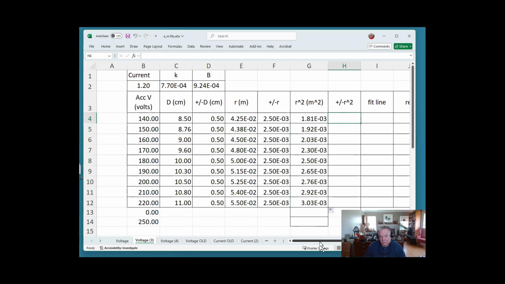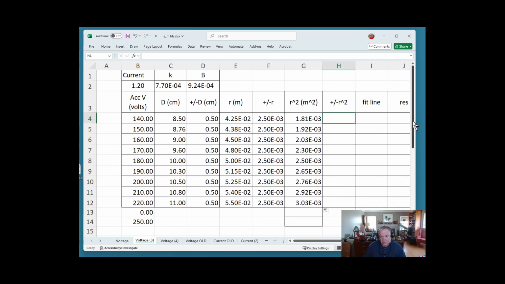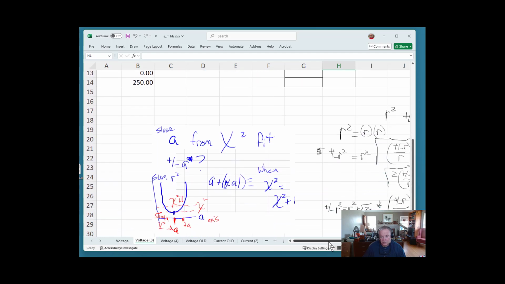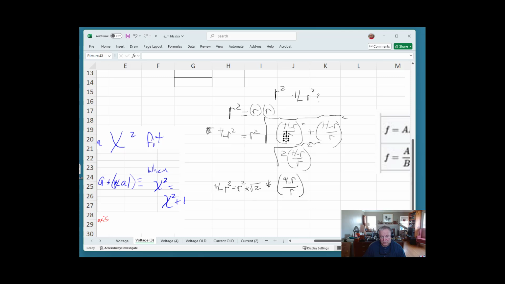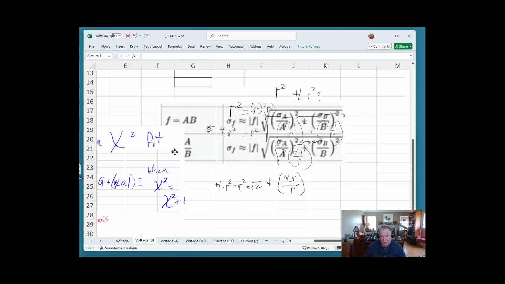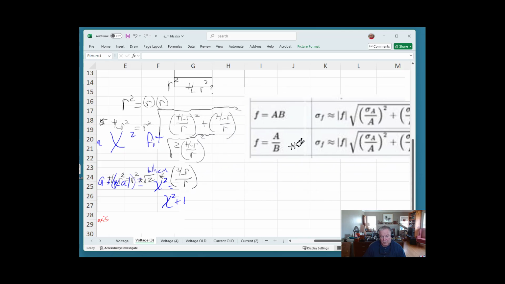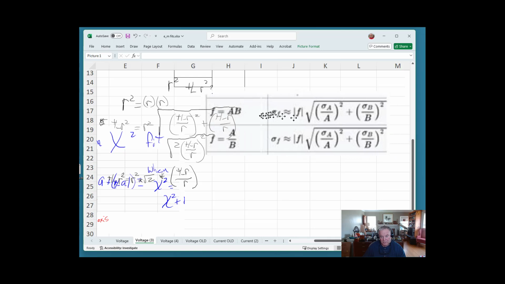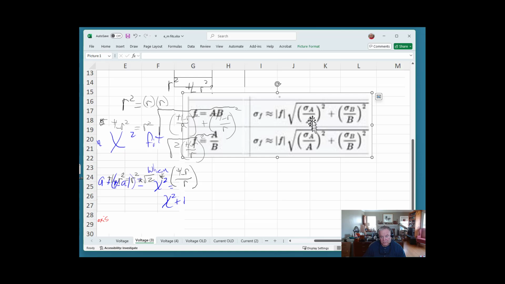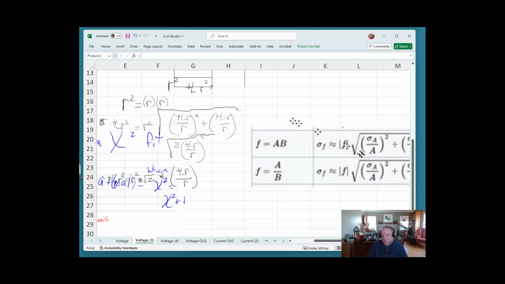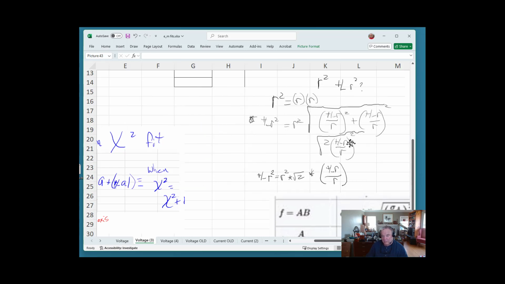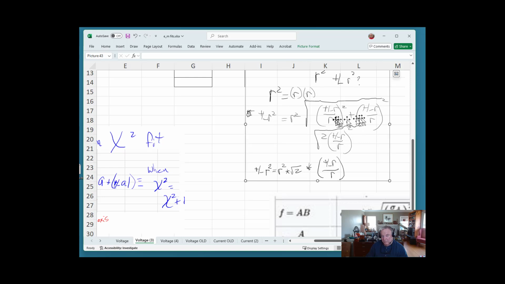Now what's the plus minus? Okay, here it is. So we have our table, and we're going to use the top one, F equals AB, and then A will be R, B will be R, and you see that's the fractional error, remember, plus minus A over A, plus minus B over B. It just happens that in this case, since it's r squared, it's the same thing.